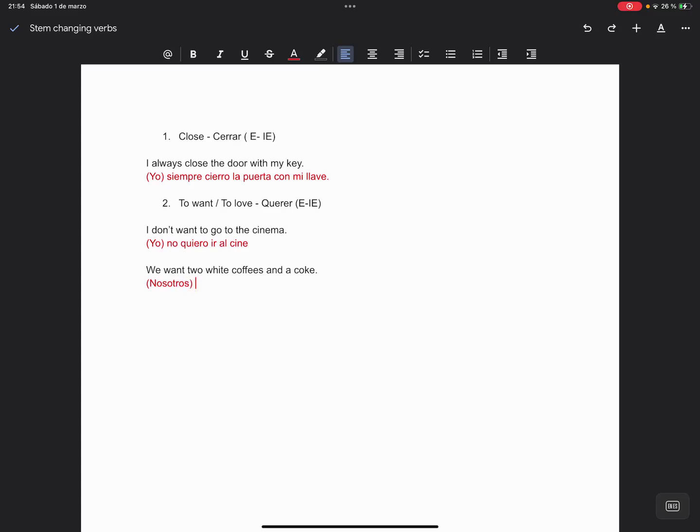And now the verb is querer. But remember that the verb querer and all these verbs follow the boot rule. So it doesn't change for a we or a you plural. So we use it like this. Queremos. The E in this case doesn't become an IE. Nosotros queremos 2 cafés con leche y una Coca-Cola.